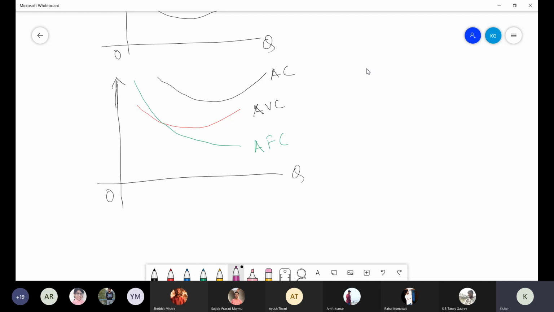What is your MC? The MC curve would be something like this. In that way. It will be something like this. Marginal cost curve. The diagram is not very good, but more or less you will get a curve something like this.